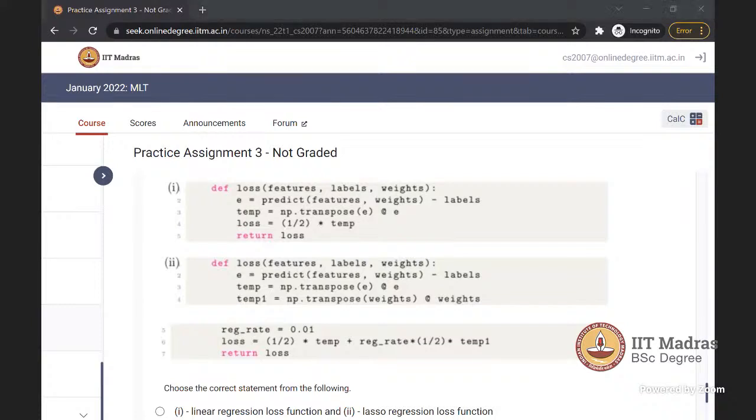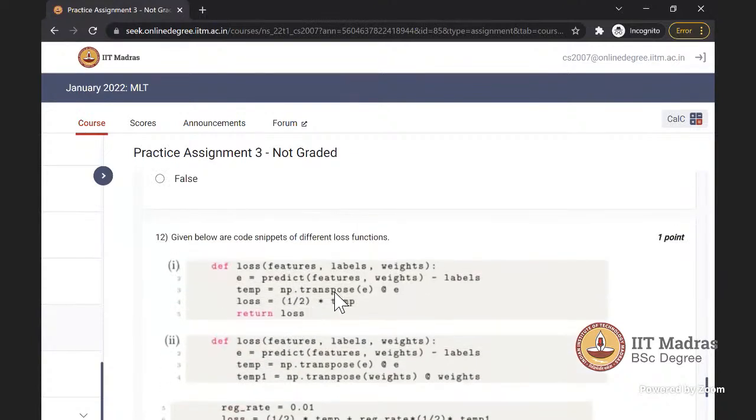Temp is XW minus Y, and temp one is W transpose W. It's a ridge, sorry. Absolutely right. So temp one is the variable which represents W transpose W, and that belongs to ridge regression.